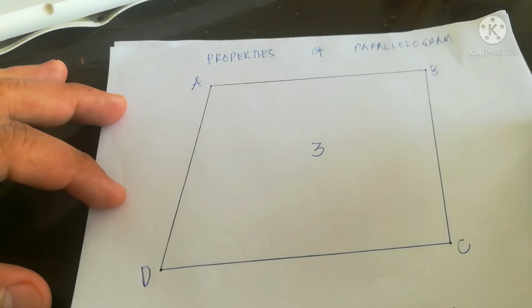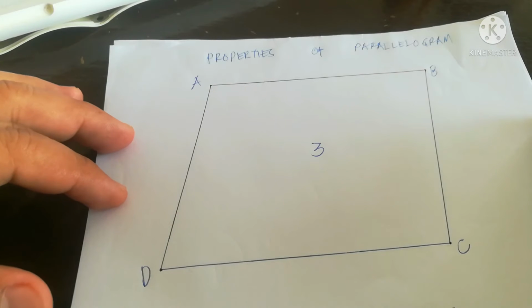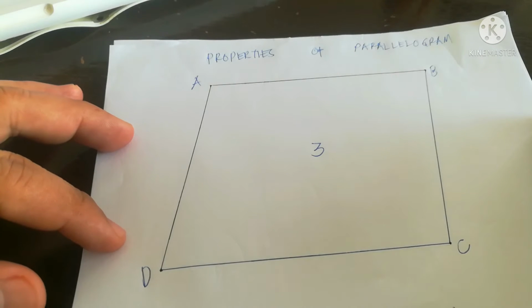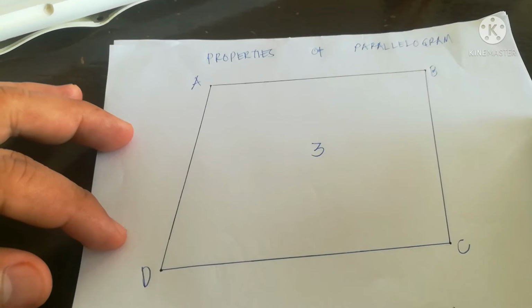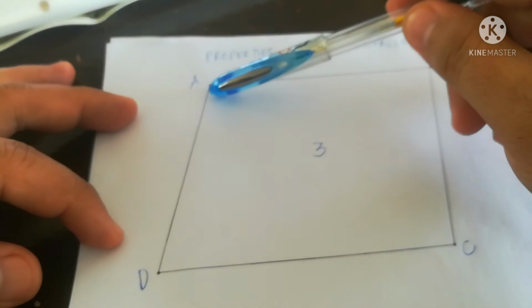The third property of parallelogram states that in a parallelogram, any two consecutive angles are supplementary. If we say consecutive angles, angles nga nagsunod. Unsa may kasunod ni angle A?